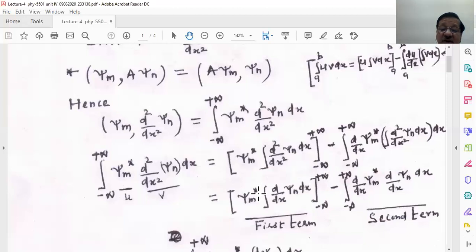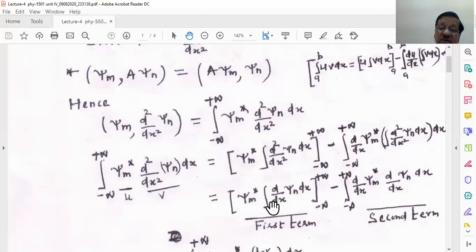So you can see your wave function psi m at infinity. Whenever you consider a wave function, it should be always finite, single valued, and normalized. So if you consider the wave function at the end point, at plus infinity it is psi, and this is the other end, that is minus infinity.